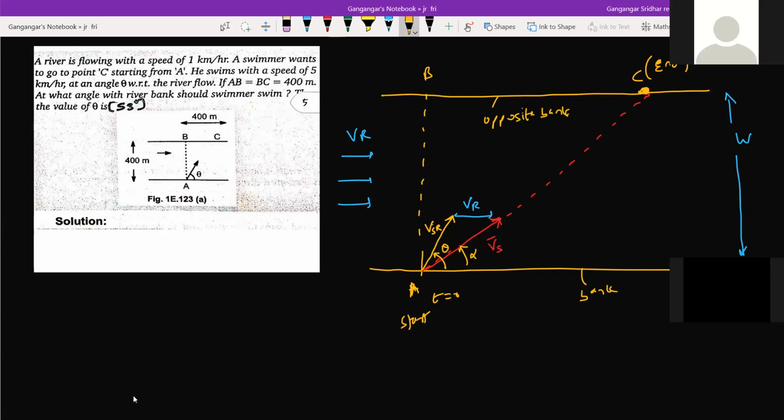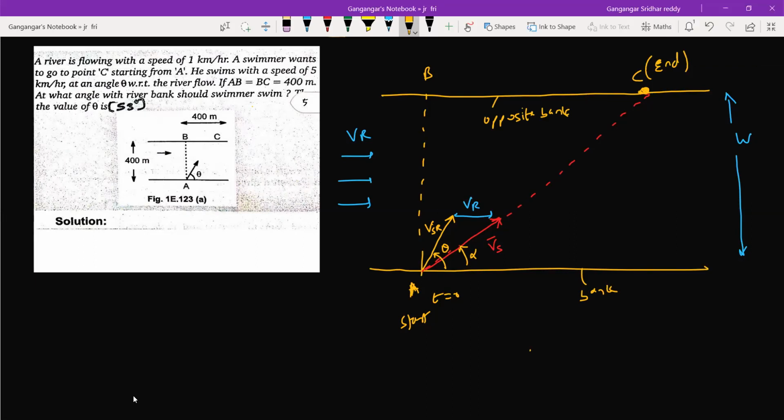What are the things given? Okay, proceed. So what we have to do? We know the width of the river, how much? It is 400 meter. We know also the drift, also 400 meter.